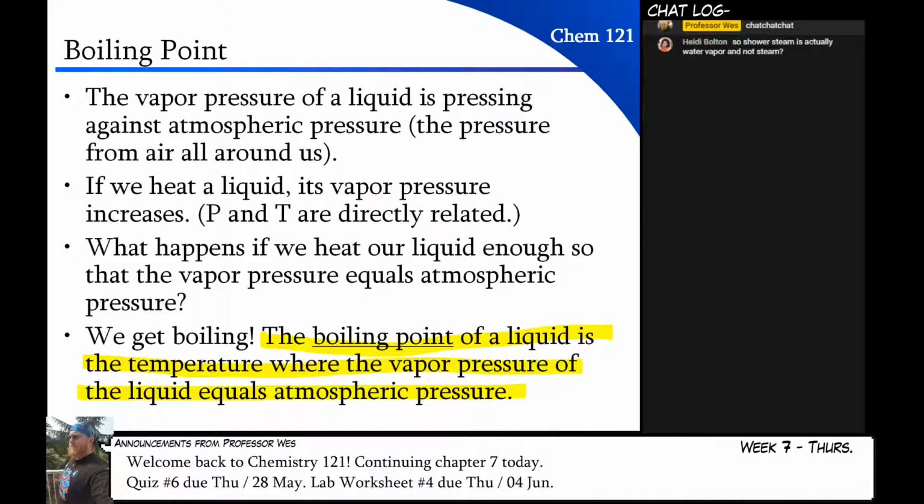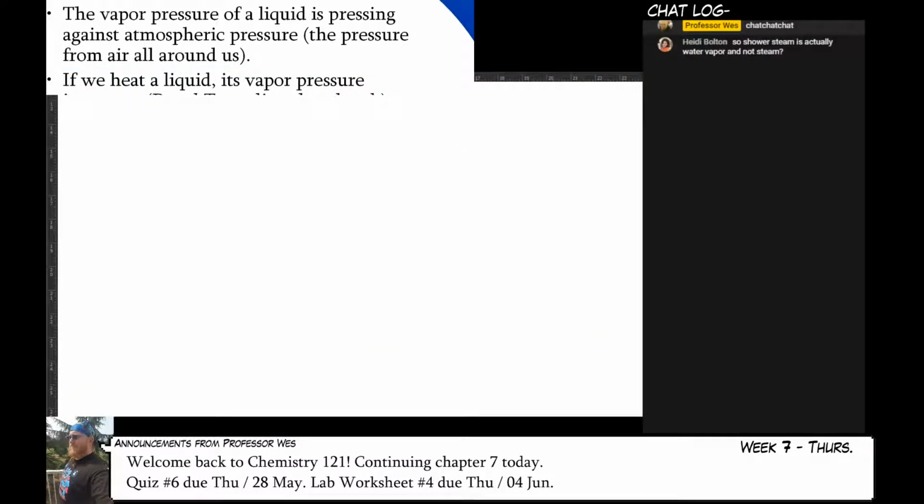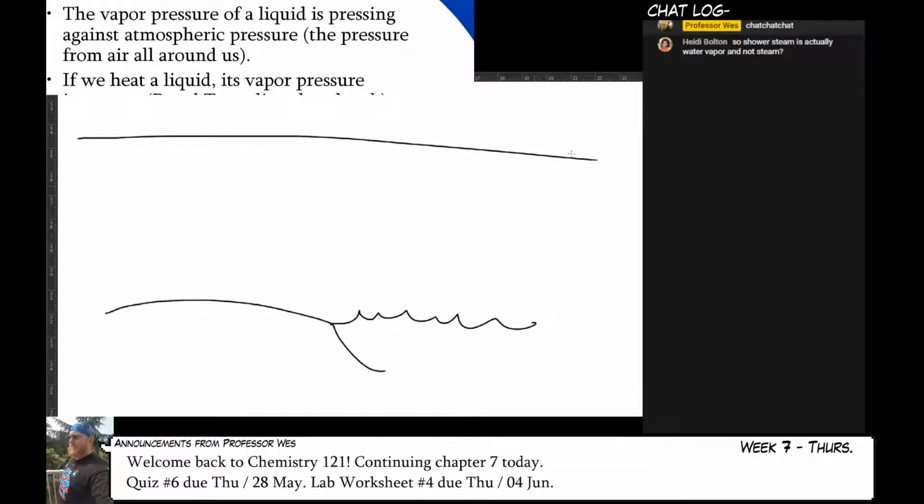But let's suppose you live in Denver. In Denver, the atmospheric pressure is not 1 atm because you are not at sea level. So let's draw our little world map here. Here's the world. Here's the water and the ground beneath it. And here's our atmosphere.